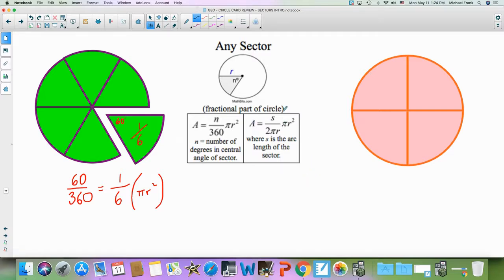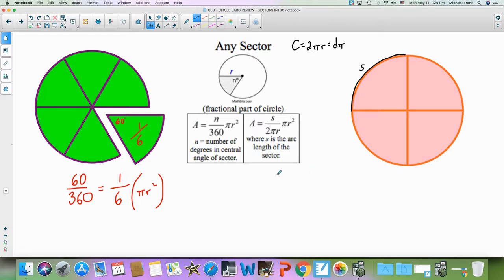In this formula, remember that this little s is the length of an arc, like that arc right there, and that 2 pi r is the formula for the circumference of a circle, and 2r is the same as the diameter. But let's do one without pi, just to look at this more simply.